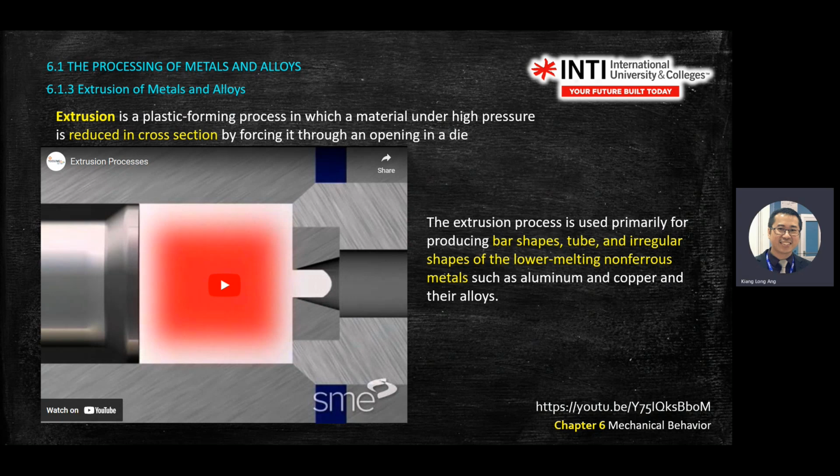The products that you can produce by the extrusion process normally have a shape that you can form by the opening of the die.